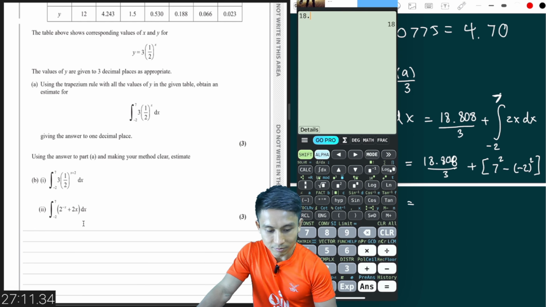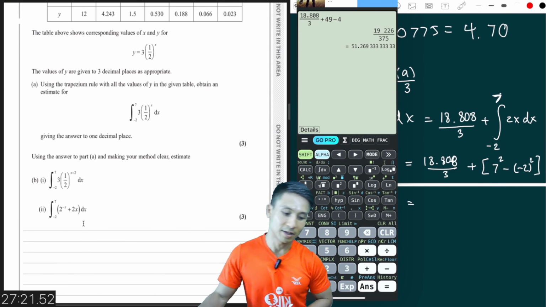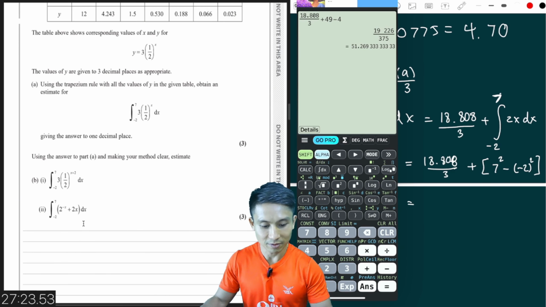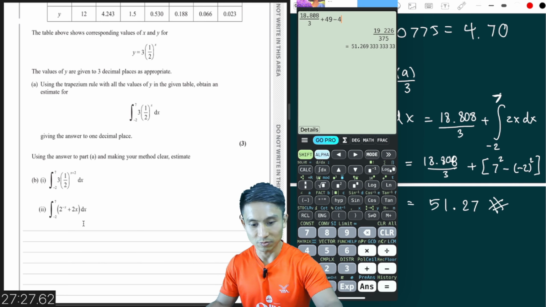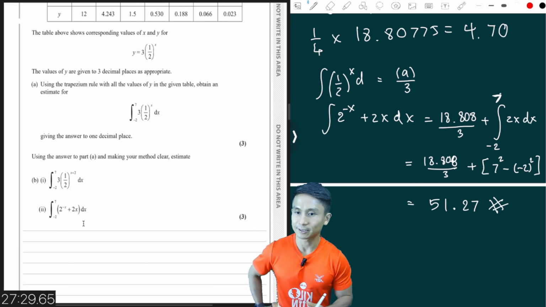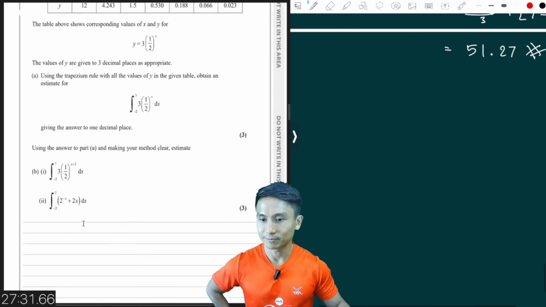So 18.808 divided by 3, and then we plus 49, and then we minus 4. Okay, so that's the answer there, 51.27. Just going to keep 2 decimal places, like that. Okay, and that's done.